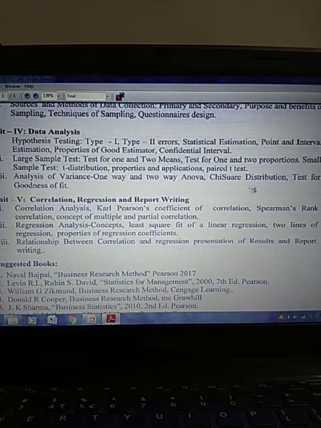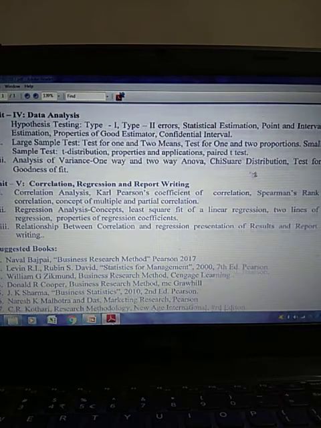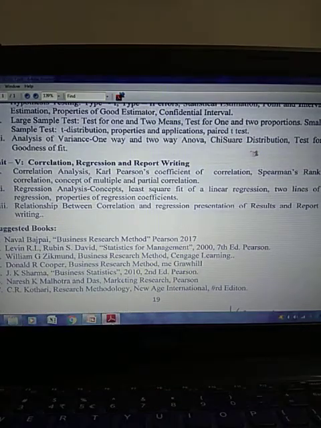So under suggested books, what I suggest to you, the second one, Levin and Rubin, a very famous book as far as the statistical tools are concerned, especially for management people like you all. The explanation is very simple with real-time examples. And the 7th one, C.R. Kothari, Research Methodology.